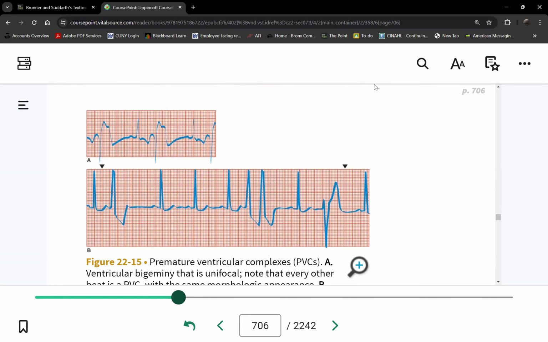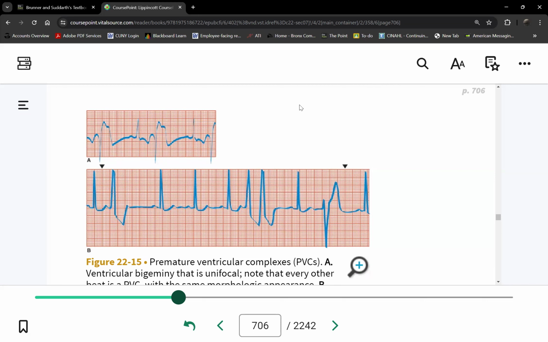You can also call it trigeminy if it's every third beat, meaning you have normal, normal, PVC. And we call it quadrigeminy if it's every fourth beat. That's the pattern, we call it quadrigeminy.